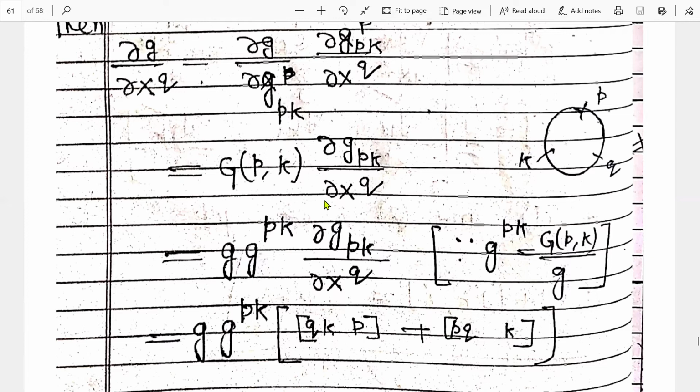Now substitute the value of this derivative that we already proved in previous result. What was that result? Remember. So this one is p, second is k, right? So remaining is qk in this case. If we use p here, k here, in this case remaining is qk, and in this case remaining is pq.